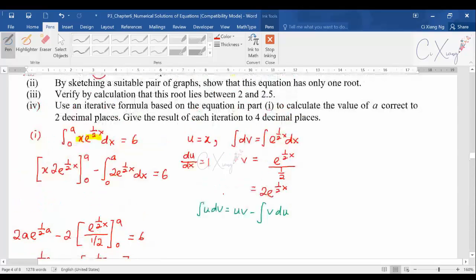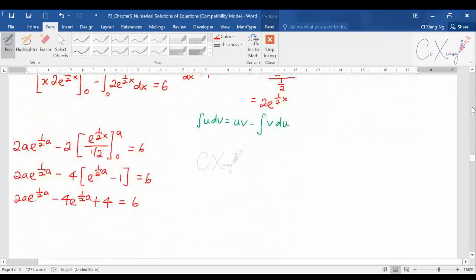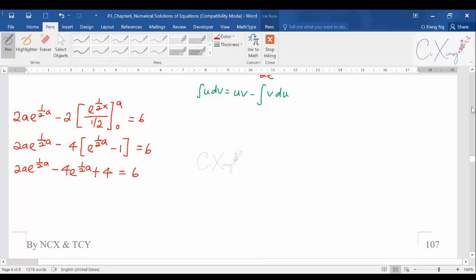Maybe before we continue, we can refer back again. What is the equation that they want us to prove? They want us to prove that x is equal to 2 plus e power negative half a. So maybe refer back to the steps here. You can try to link and see what we can do.